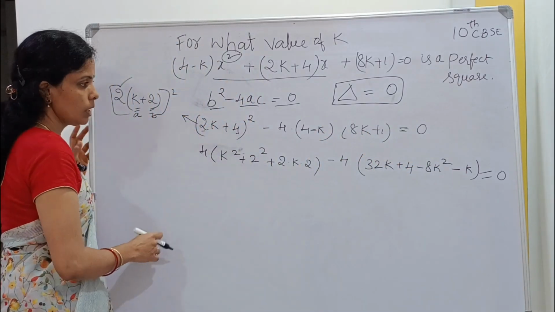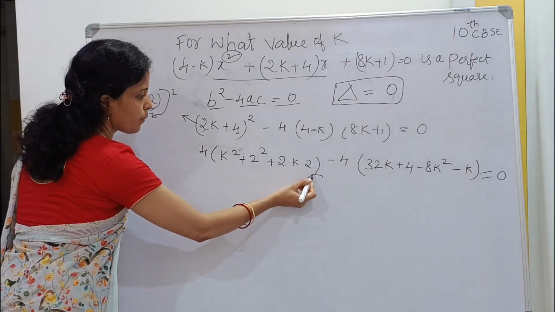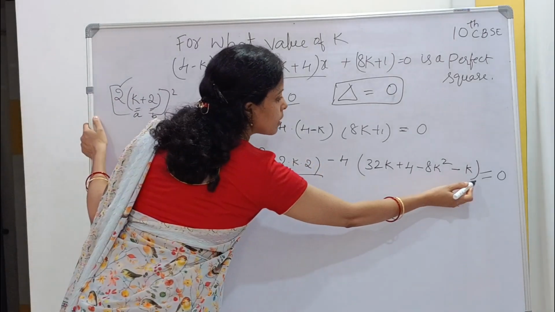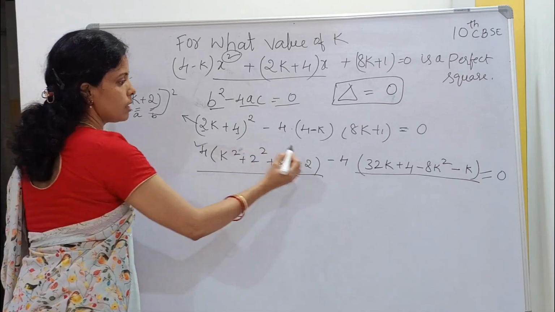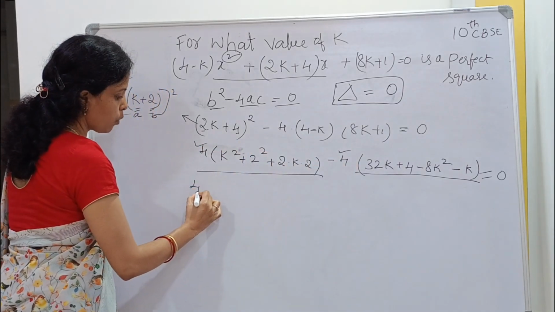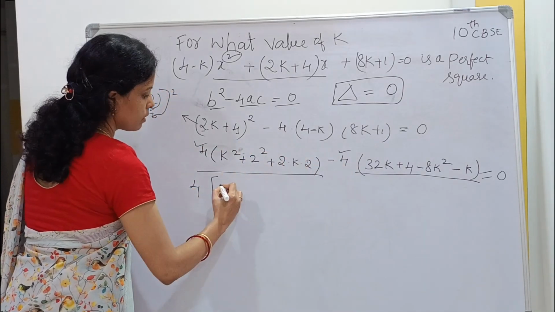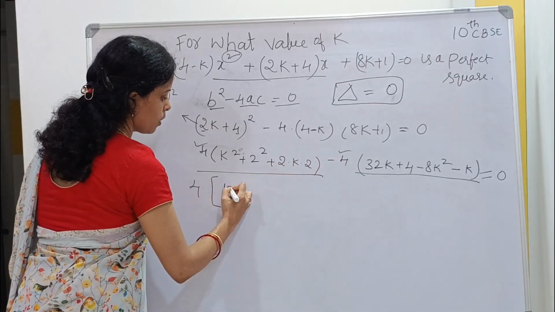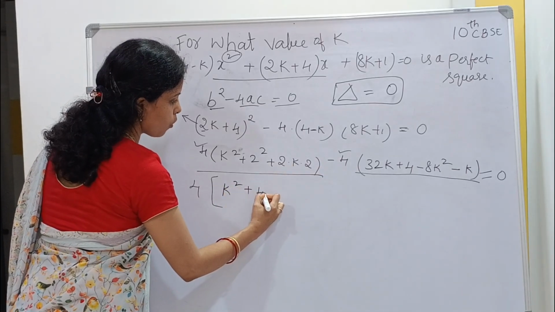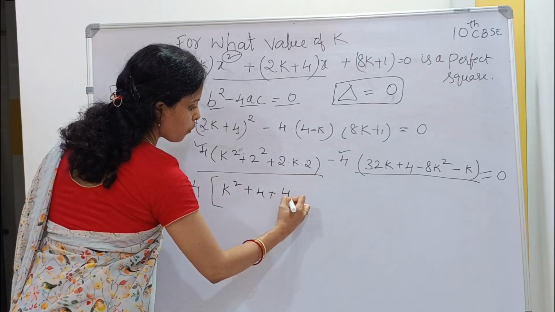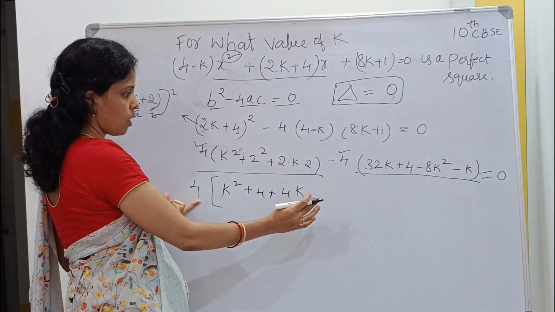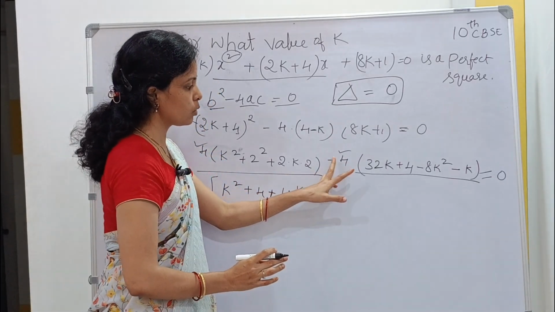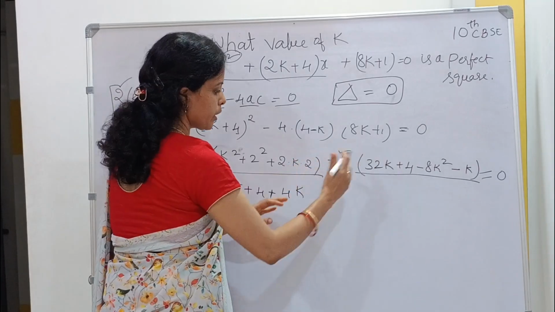So here this is one term, minus this is another term for me. In these two terms 4 is common. So let me take 4 as common and just open the brackets here. So k square plus 4 plus 2 into 4, 4k. Already we have taken 4 outside, so minus is there. So let's open the bracket and send minus inside.